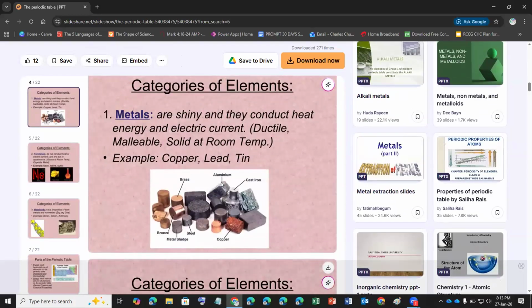Okay, so I think we've said a bit about metals, right? Metals have physical properties we know. Typically, they're shiny, they conduct heat, energy, and what? Electric current, right? When we studied properties of metals one time, we said they could conduct electric current because of the free electrons in their atoms.